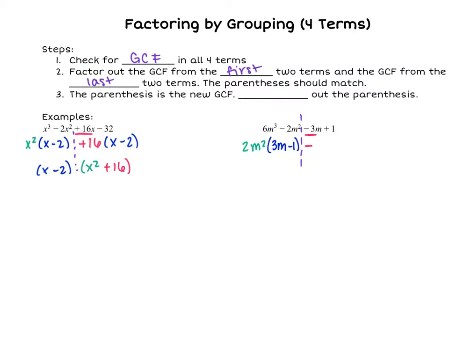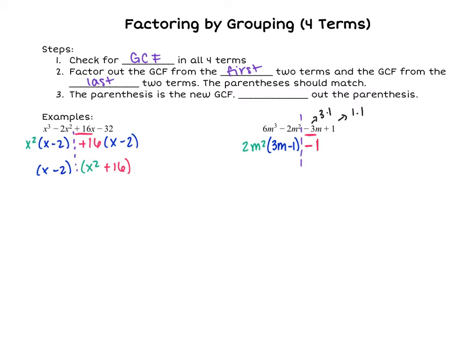Now if we look further and try to come up with other numbers or variables that these 2 terms of negative 3m and 1 have in common, it might seem like there's nothing, but remember that 3 can be written as 3 times 1, and 1 is 1 times 1. So we can say that their greatest common factor is just a 1.